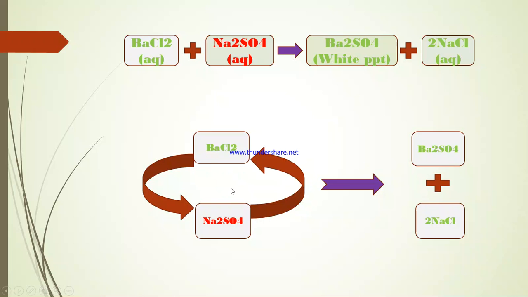So what actually occurs? Exchange of positions between barium ion and sodium ion. Barium combined with sulfate forms barium sulfate, and sodium combines with chlorine forming sodium chloride.